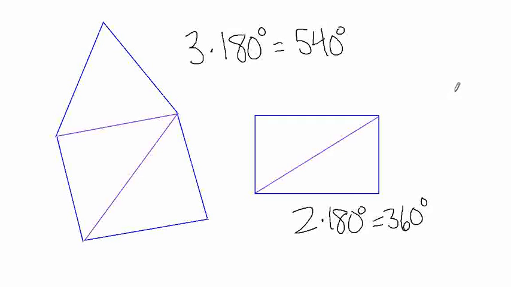Now, I'd like you to do 2 exercises for me. What is the sum of the measures of the interior angles for a 12-gon?